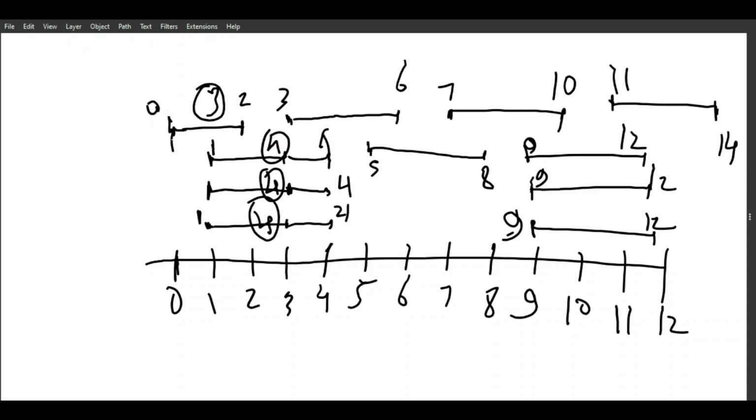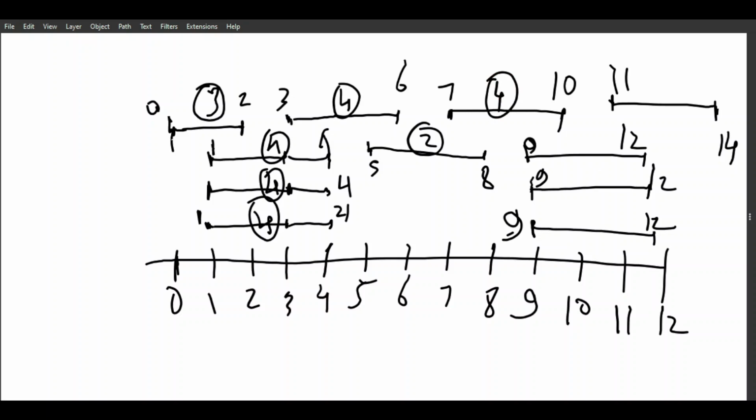Then for 3 to 6 interval, it is 1, 2, 3, 4. Here also it is 4. 5 to 8 interval, only 2. Then 7 to 10 interval, it is 1, 2, 3, 4.